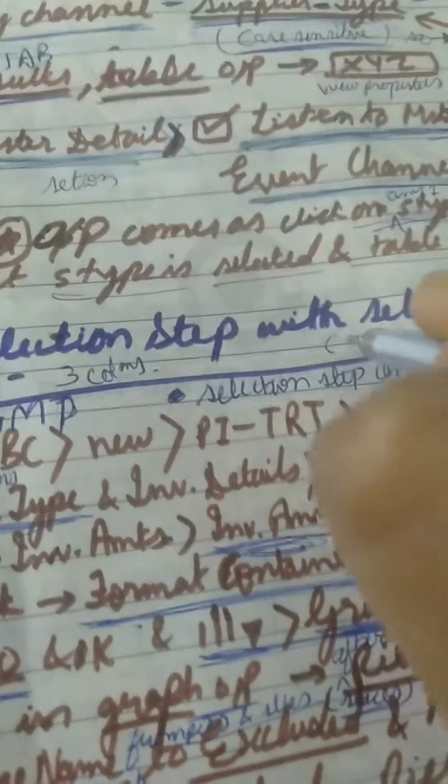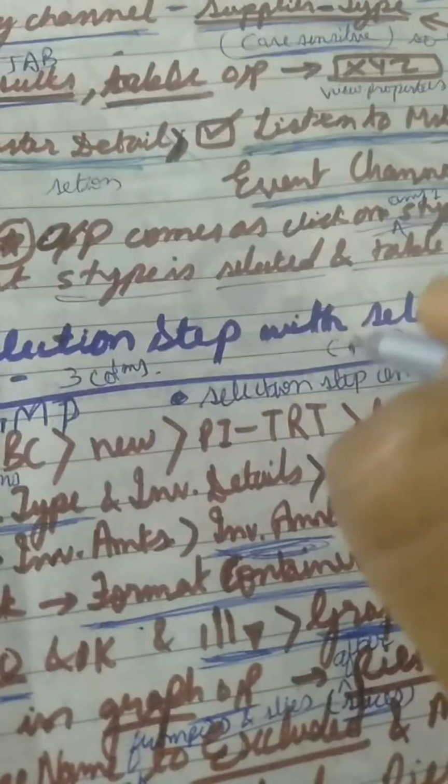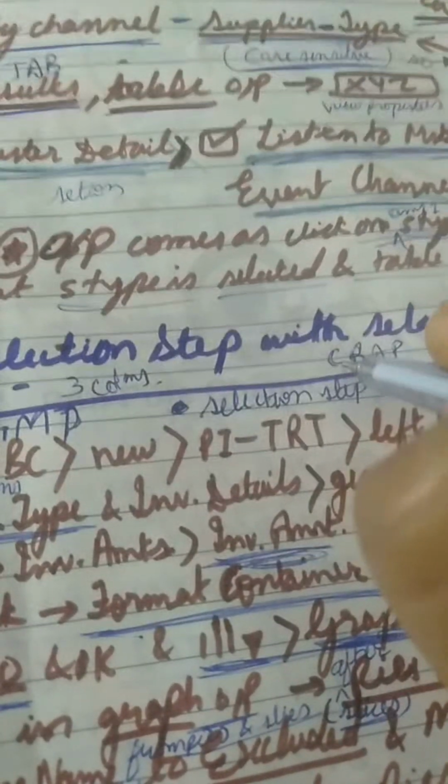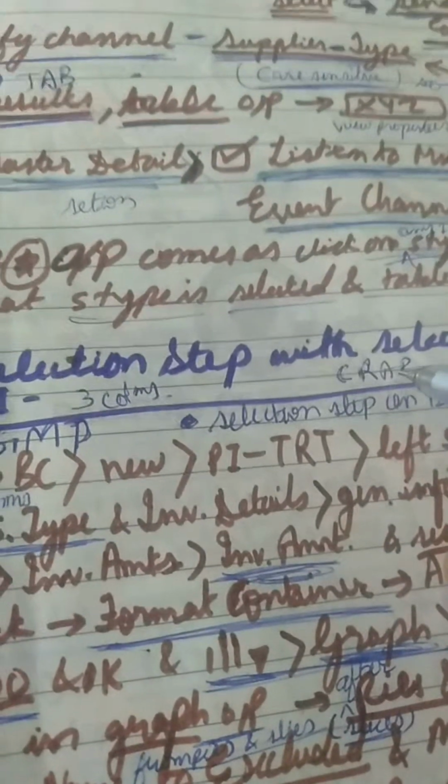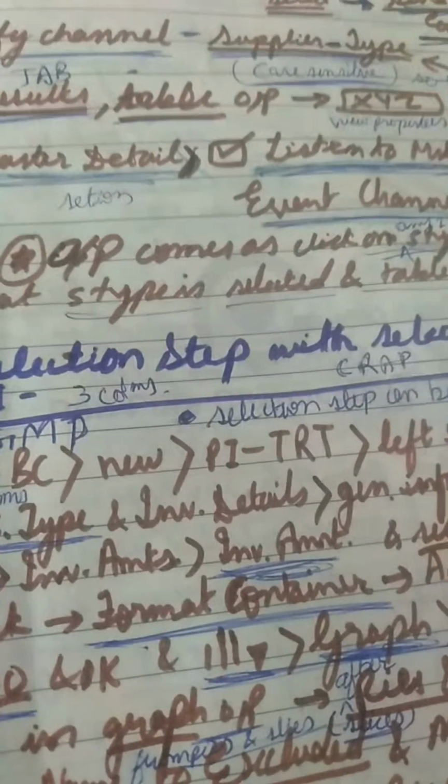They are C, R, A, and P. First one is criteria, second one is results, analysis tab, and prompts tab.